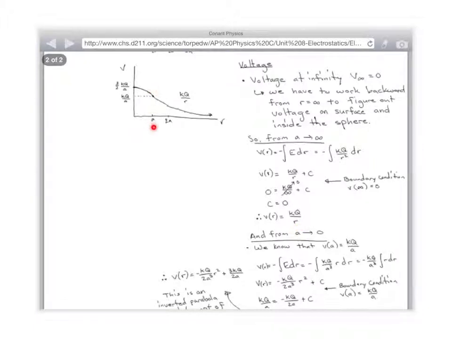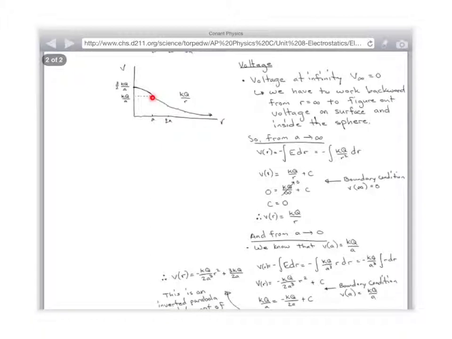At point a, we know the voltage is kQ over a, and we use that to solve for the constant. Then we integrate the inside electric field, which is kQ over a cubed times r dr, and use this point to solve for the constant. All right, so that's the process.